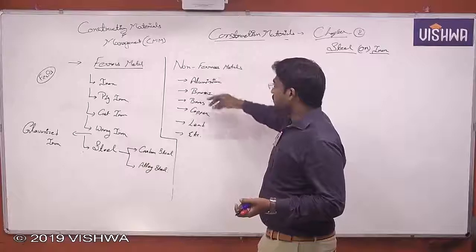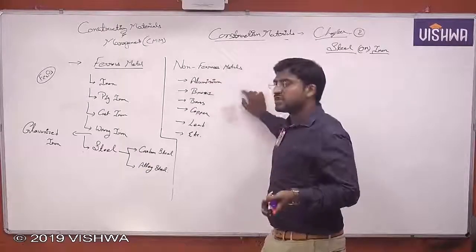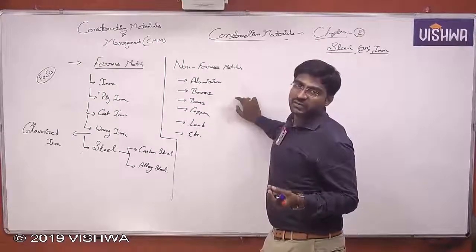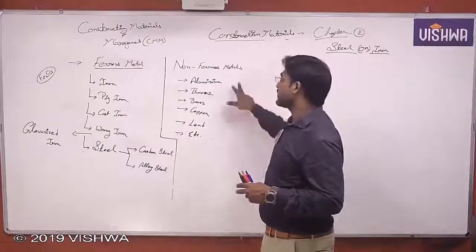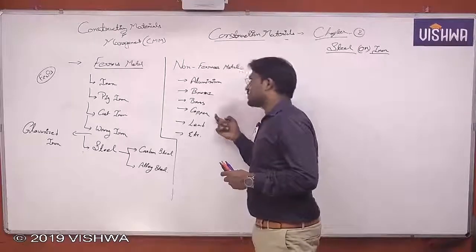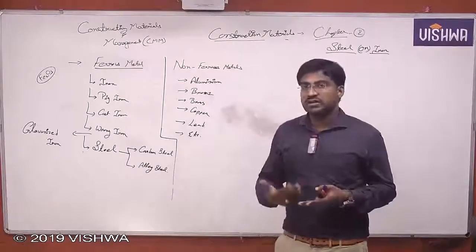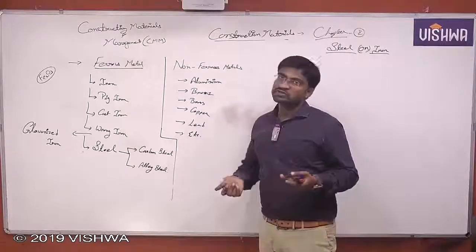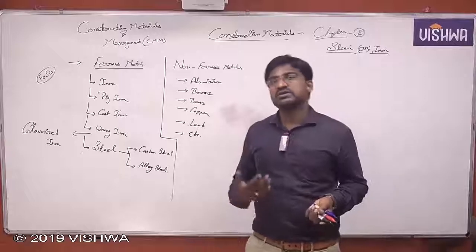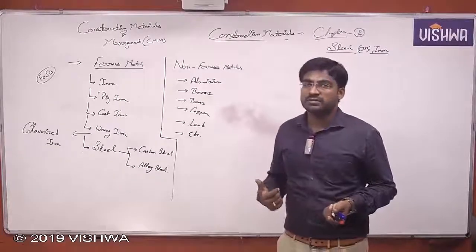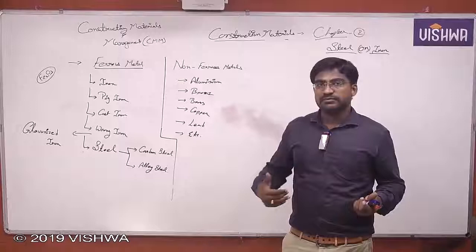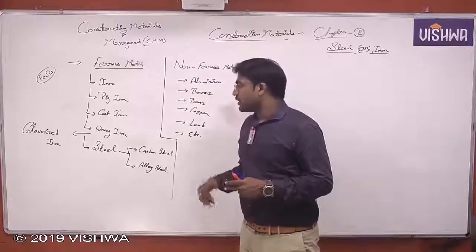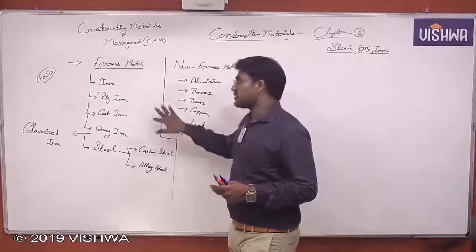In that, firstly, a few general materials that are available: first aluminium, second copper, and third, in our day-to-day life, brass as well as bronze, and then lead. There are a number of other elements apart from these, but as per the interest of the topic, we'll go with these. So this is what we'll be dealing with: ferrous and non-ferrous.